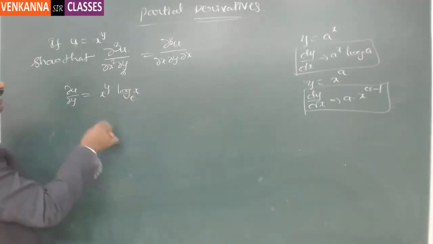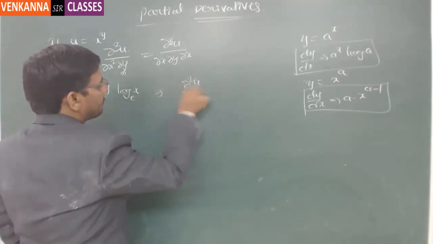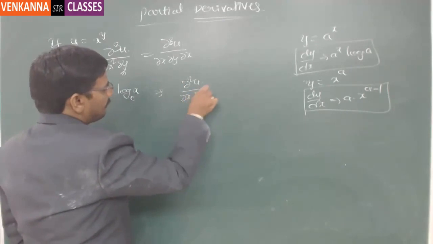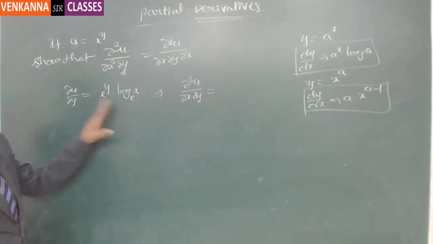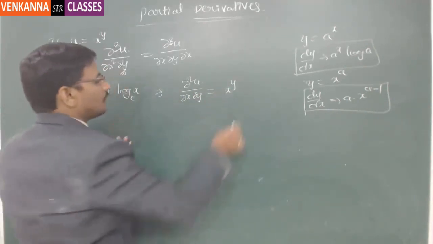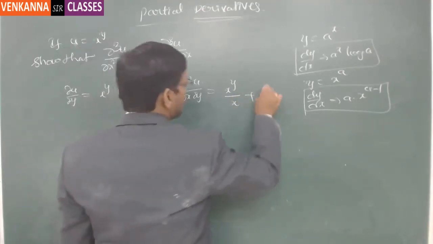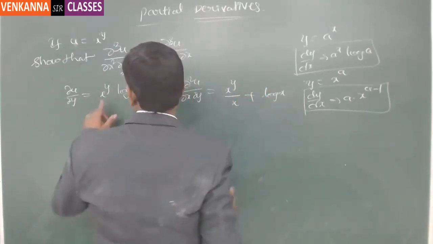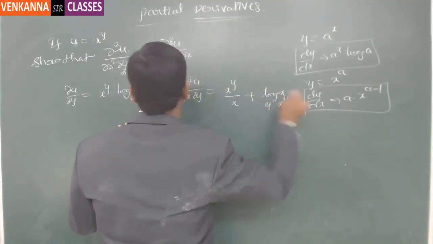Then you take the derivative with respect to x. So dou square u by dou x dou y, and this will be doing the derivative with respect to x. So this will be x power y into derivative of this will be 1 by x plus log x into, so derivative of x power y will be y into x power y minus 1.